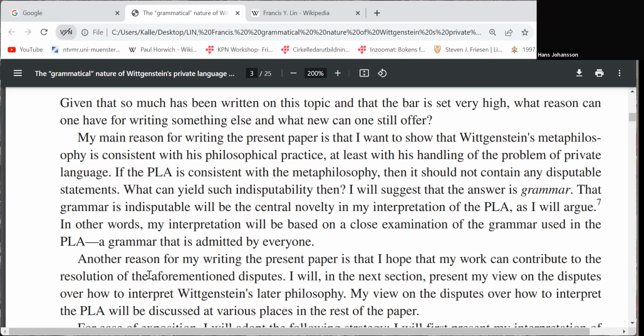If the PLA is consistent with the meta-philosophy, then it should not contain any disputable statements. What can yield such indisputability then? I will suggest that the answer is grammar.